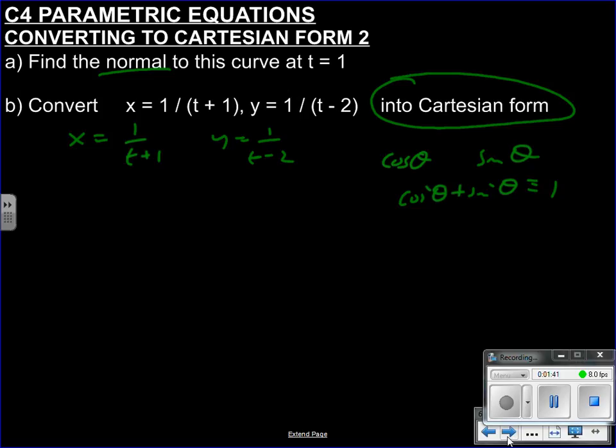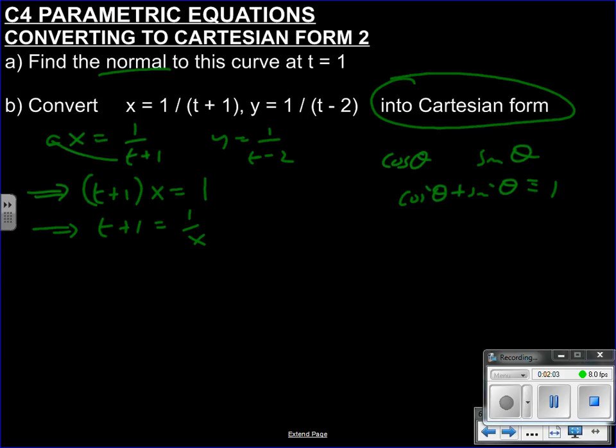If it's not trig though, you need to make t the subject in both and then equate them. So, for example, to make t the subject here, I'm going to have to times by t plus 1, and then divide by x, because I'm trying to eliminate t.